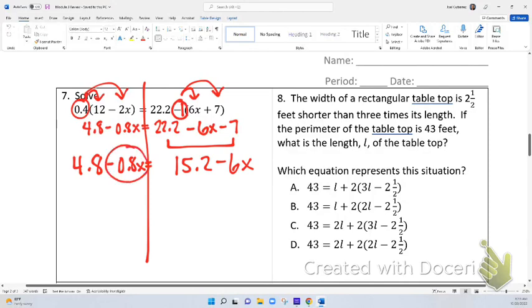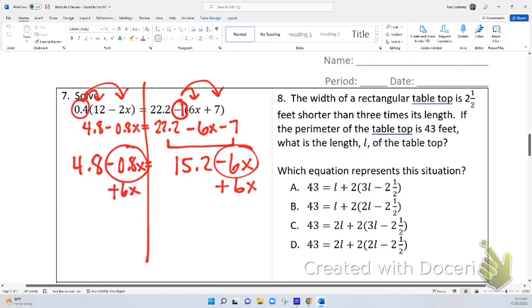So there's negative 0.8x here and a negative 6x. Okay. So notice they're both negatives. So the further to the left it is on the number line, the smaller the number is. So this is actually the number we're going to get rid of, the negative 6x, because that one's a smaller number. So you do the opposite.